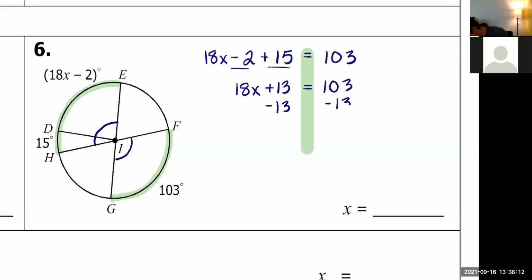Subtract 13 from both sides. I get 18x equals 90. Divide both sides by 18. I believe I get x equals 5.